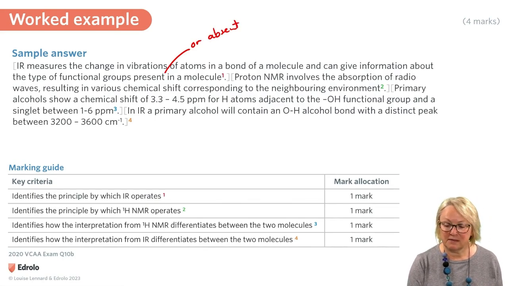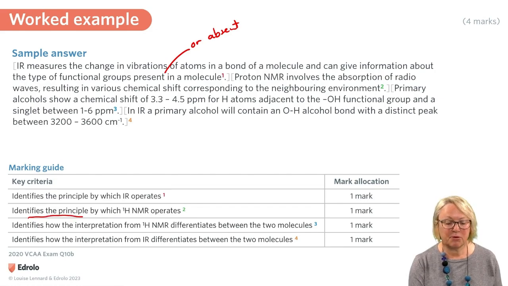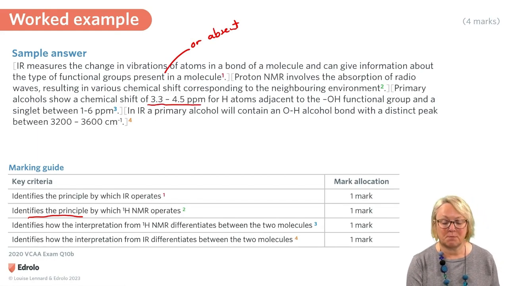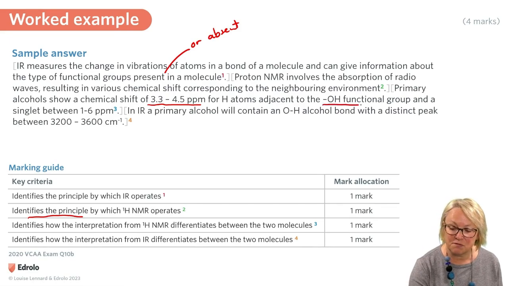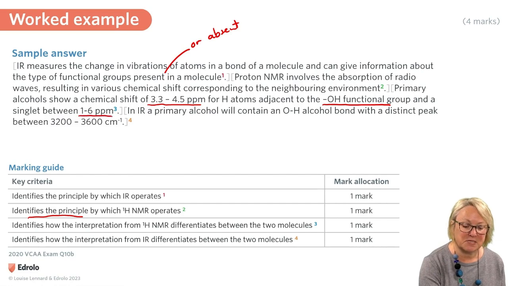Proton NMR involves the absorption of radio waves resulting in various chemical shifts that correspond to the neighbouring proton environments. So that's the second key point. Primary alcohols show a shift of 3.3 to 4.5 parts per million for hydrogen atoms adjacent to the hydroxyl functional group, and a singlet between 1 and 6 parts per million.